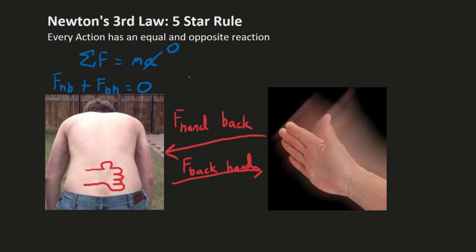And if we move them to the other sides, then we have the force of the hand on the back is going to be equal to the negative of the force from the back onto the hand. So that's the way to think about these. It's always the force of A onto B for the notation. So the second one is always the one that's being acted upon.